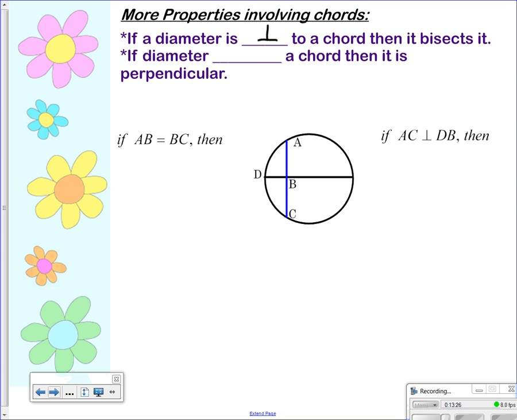So now we're going to say that the other way around for our second property. We're going to say if a diameter bisects a chord, then it is perpendicular. So just like the last one, you can say it either way. If it bisects a chord, then it is perpendicular.